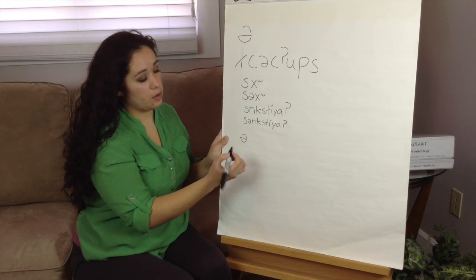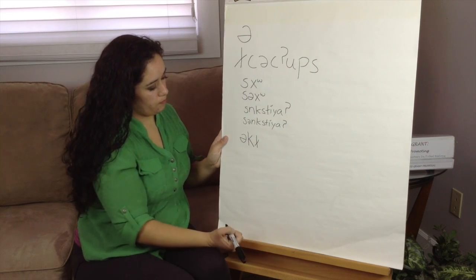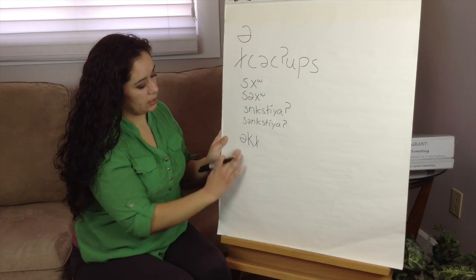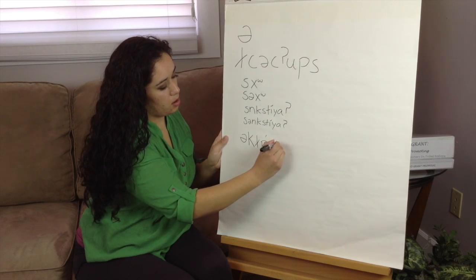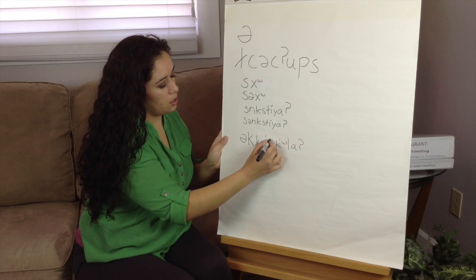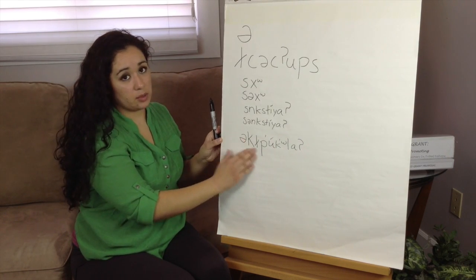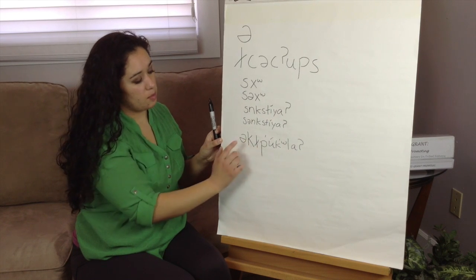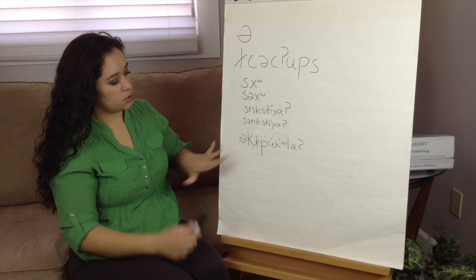I see it at the front of words too, like ek. This means to have, like she has a ball. And so without the schwa there, I would just say kishpukula, but with the schwa there, it says akpukula. And so it helps you there as well.